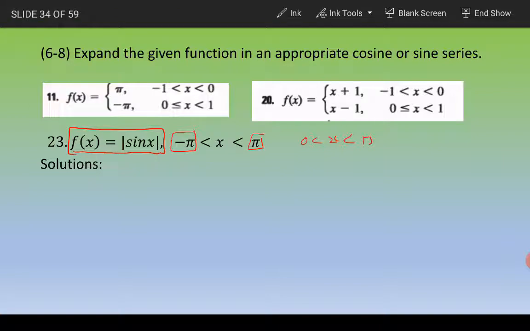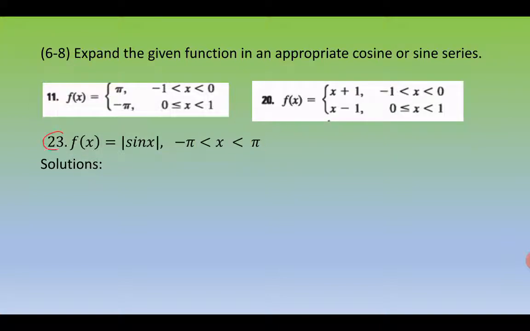So now we are solving 23, and we know that this f of x is an even function. You can write f of x as negative sin x in the interval negative pi less than x less than 0, sin x in the interval 0 less than x less than pi, isn't it?